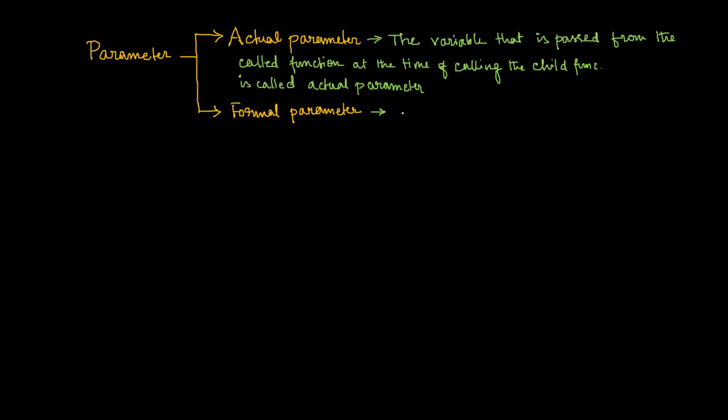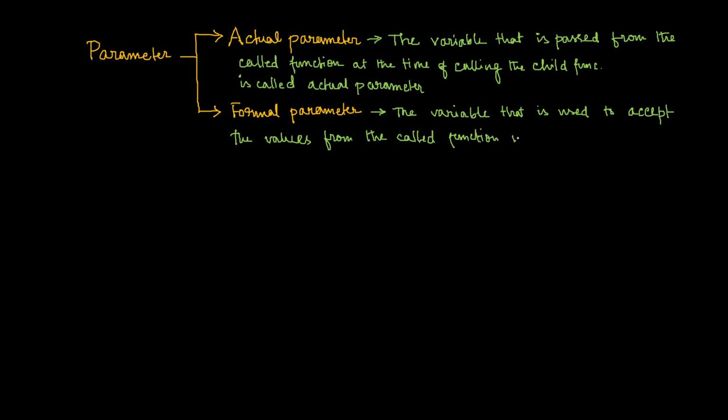And in the opposite way, you can say that the variable that is used to accept the values from the calling function in the child function is called formal parameter.